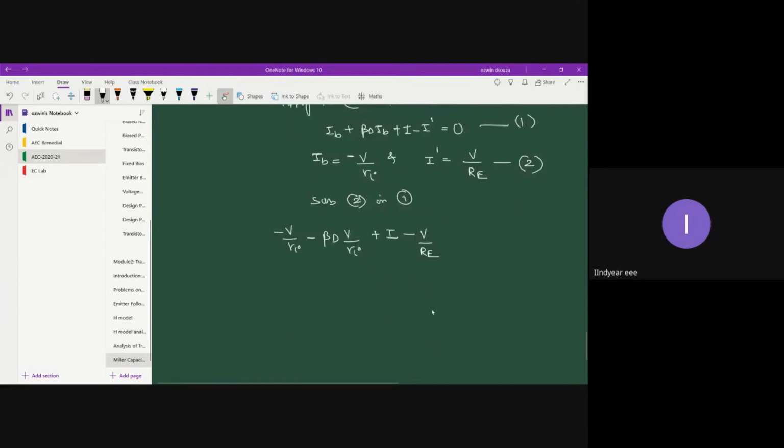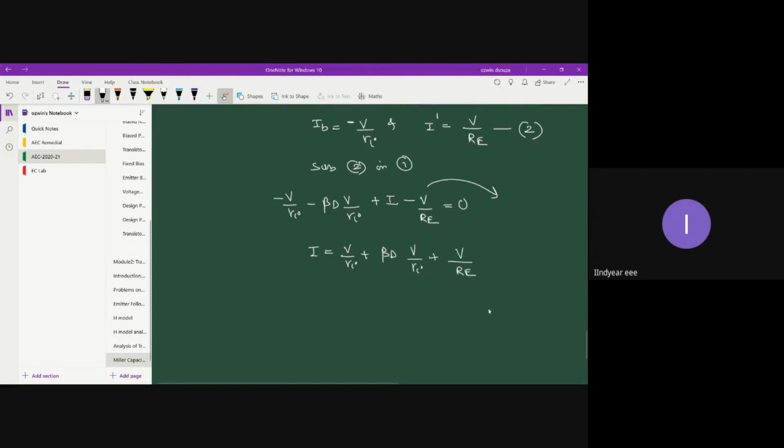Or you can write I is equal to, what you do is equal to 0. You take all voltage terms onto the right hand side. So you would get I is equal to V by RI plus beta D into V by RI plus V by RE. Let me take out all voltage terms outside the bracket.